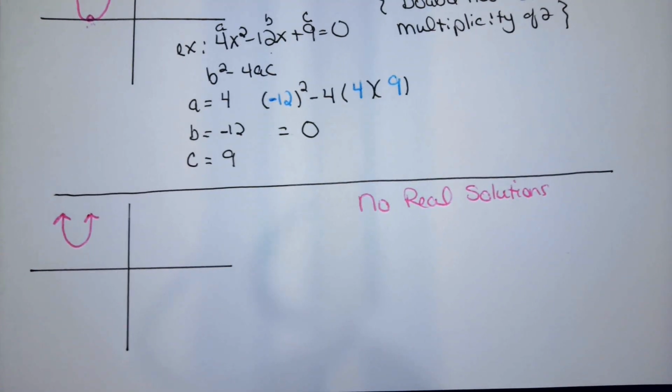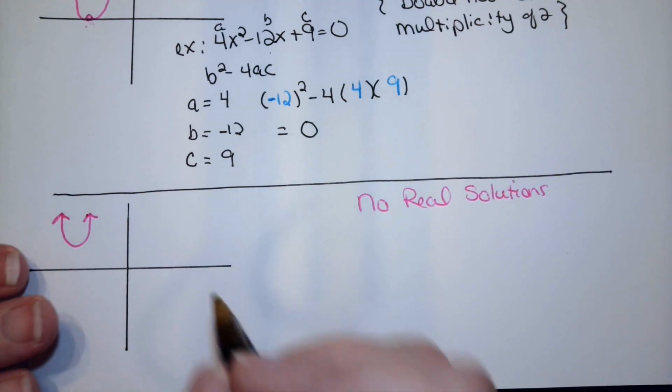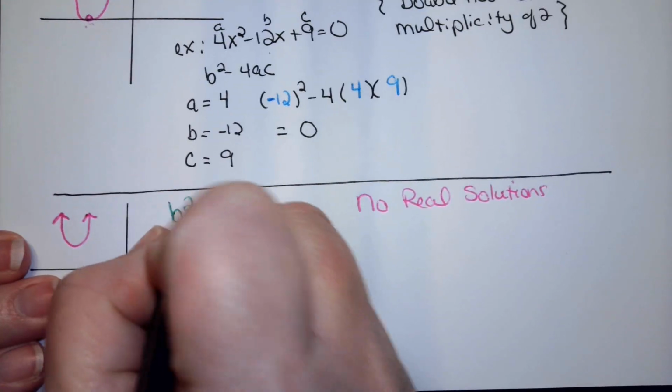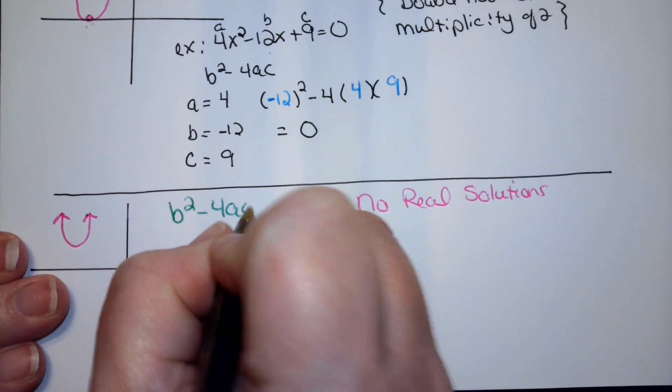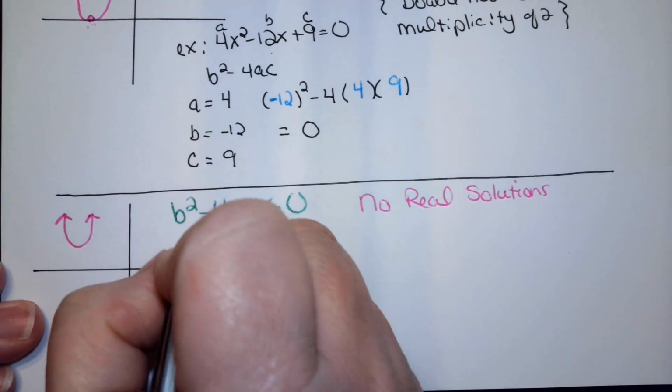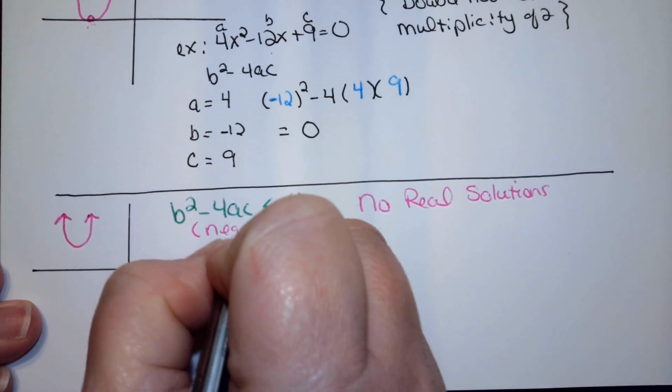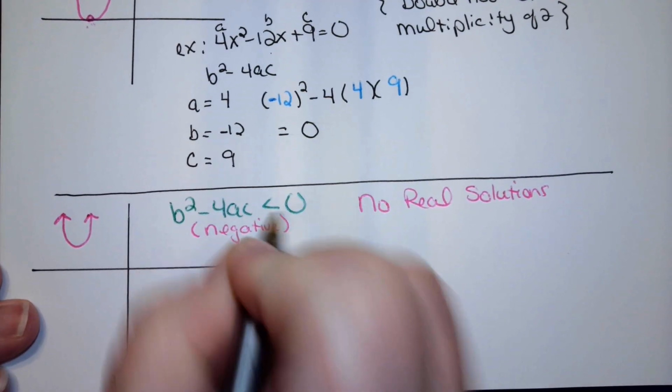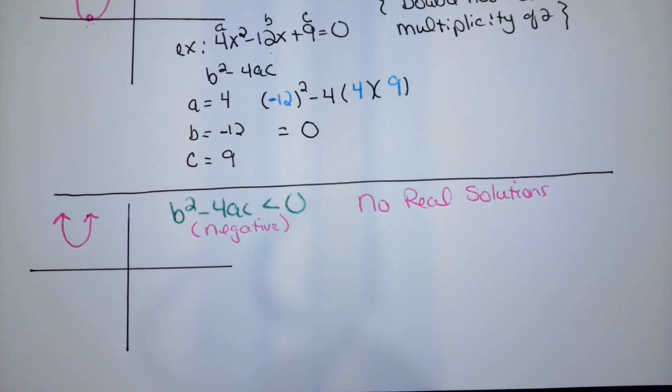It's not intersecting the x-axis, so it has no roots, no solutions, no x-intercepts. When your discriminant, b squared minus 4ac, is less than 0, which is just a fancy way of saying negative, you're going to have no real solutions.